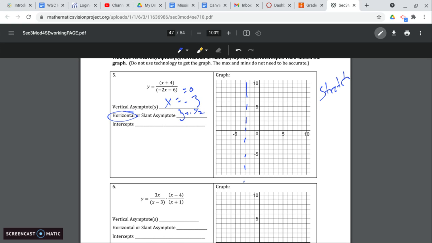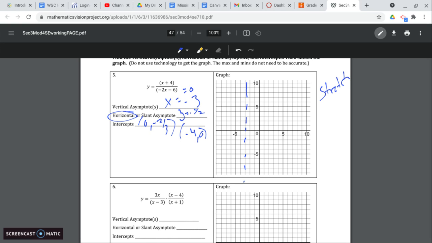Which is too hard to draw on here, but it'll be just below the x-axis. And then the intercepts will be at (0, negative 2/3) and (negative 4, 0). So (0, negative 2/3) and (negative 4, 0).